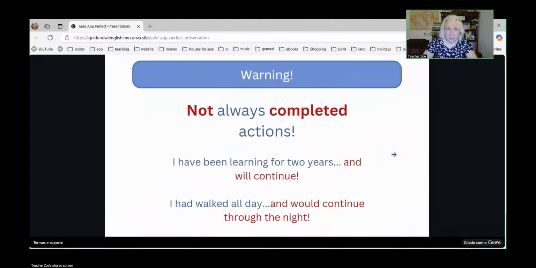Right, now a little warning. Often if you look at descriptions of the perfect tense in textbooks, they all talk about completed actions, but it's not actually true. What we need to think more about is the focus of the action.